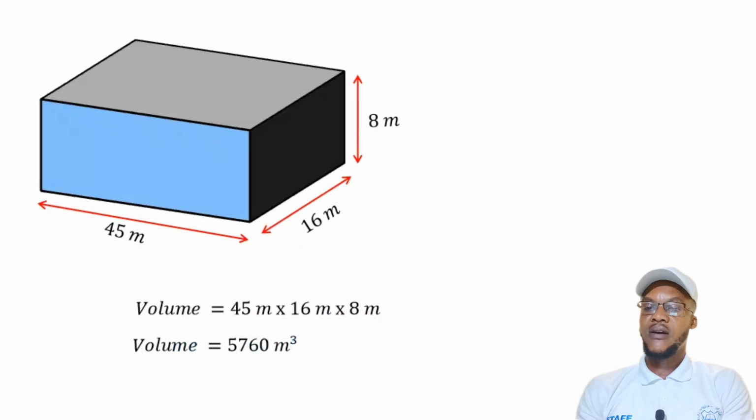In that case, our volume is 5,760 meters cubed. Very easy. I know you'll be able to do the total surface area, so I leave that to you. Try your hands at finding the total surface area of this shape as we've done already.